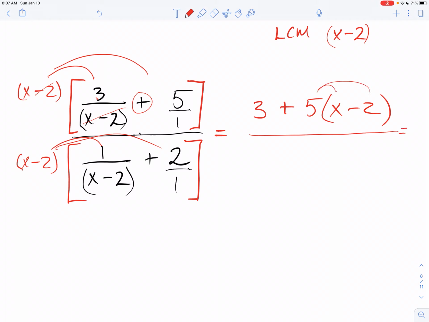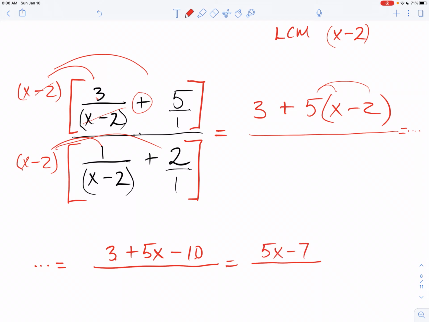Once again, like the other problem, I'm running out of room. So I'm going to write it down here. And I'm going to say 3 plus 5x minus 10 because I'm just making it prettier. And then I say, hey, I can put stuff together. I can combine these two. And I could say 5x minus 7. That's what the top part's supposed to look like.